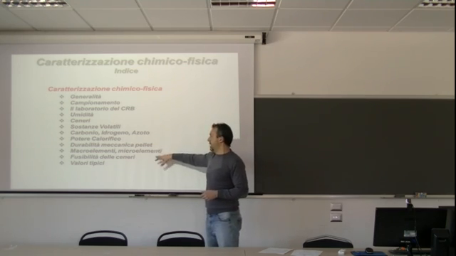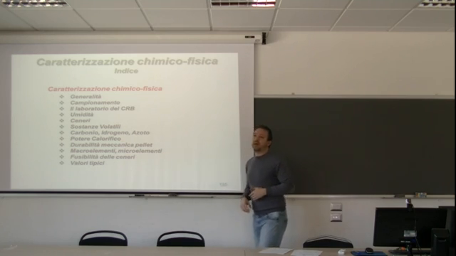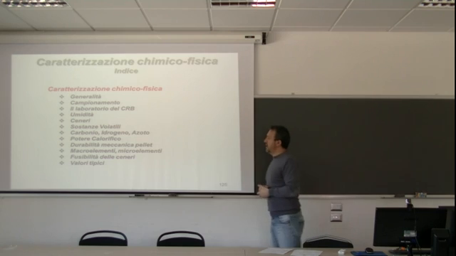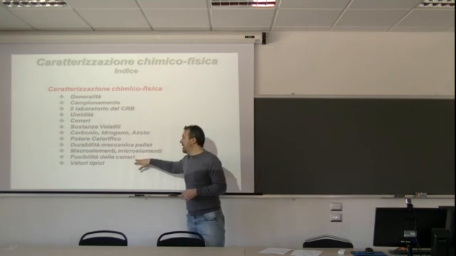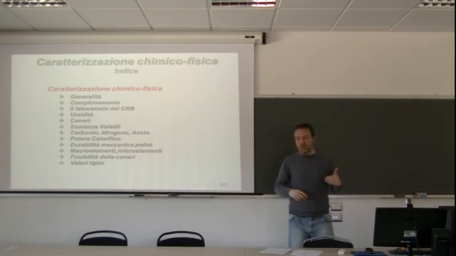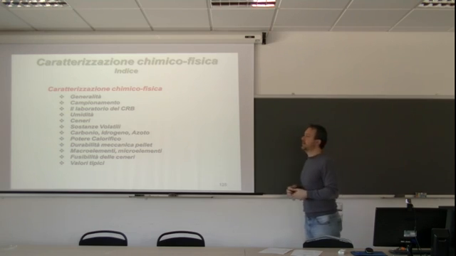And then we have also a lot of macro or micro elements, for example, metals, iron, vanadium, or other elements like sulfur, chlorine, and so on. And finally, the fusibility of ashes. I don't treat this parameter because we don't have the instrument in the laboratory.